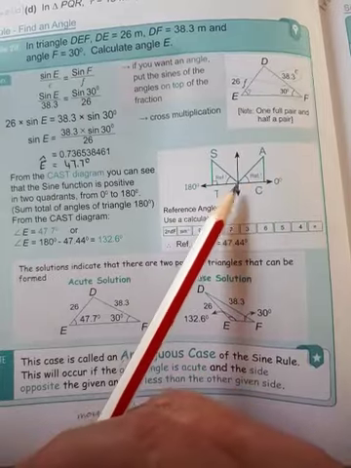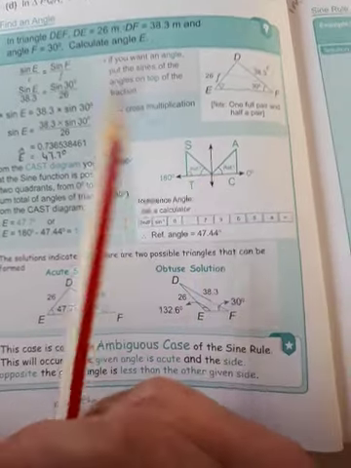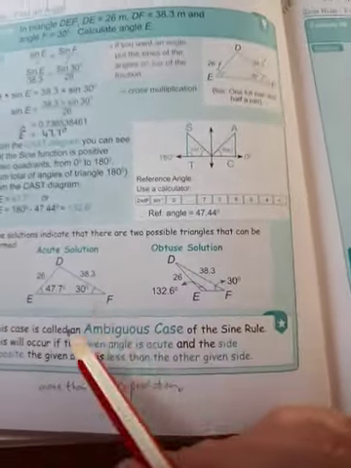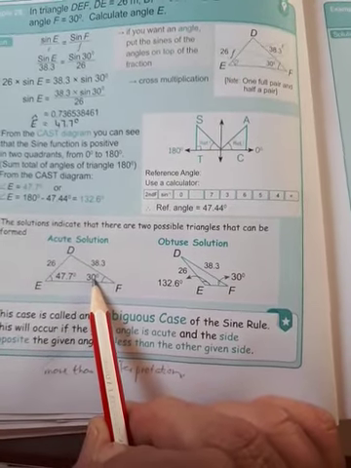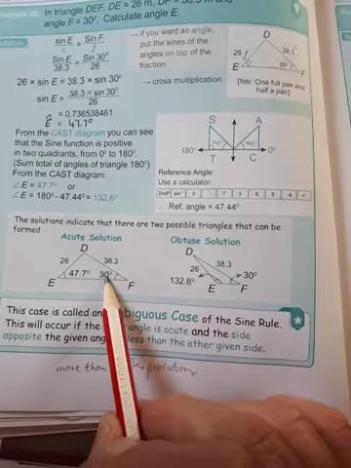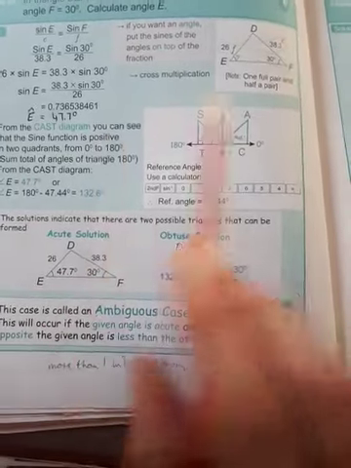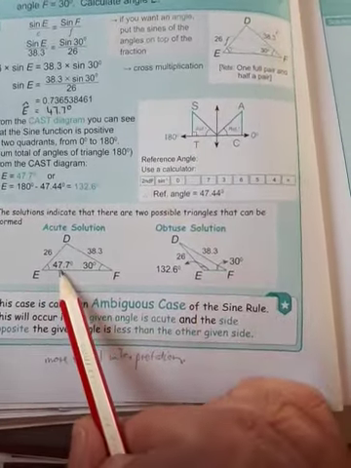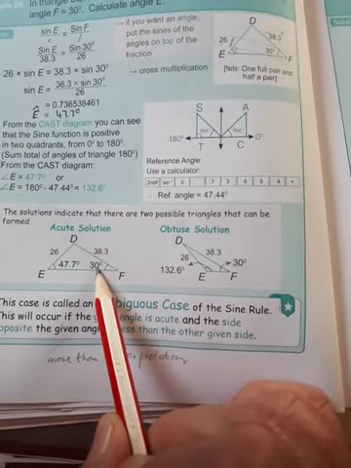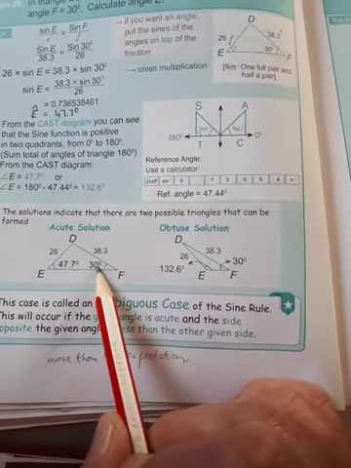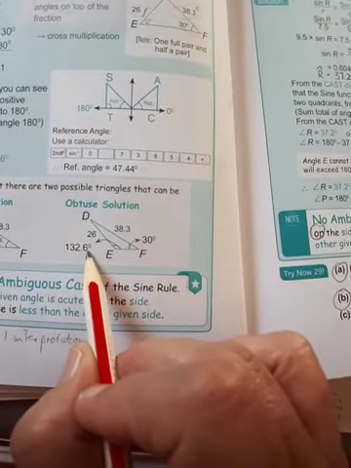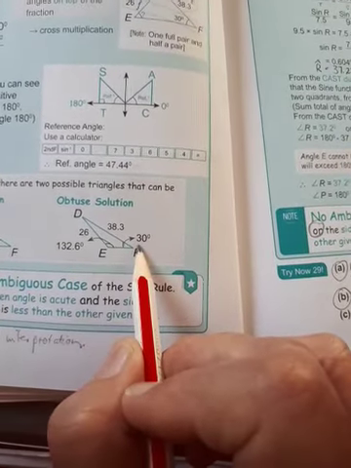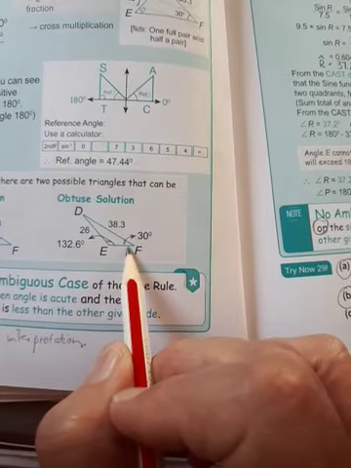Now be very, very careful. If you have used the cast diagram, always add up your angles and ensure that they are not making up more than 180 degrees. So if we look at the first case, we've got the 47.7 plus the 30 degrees. So that's much less than 180. And in the second case, we've got 132.6 and 30 degrees, which is 162.